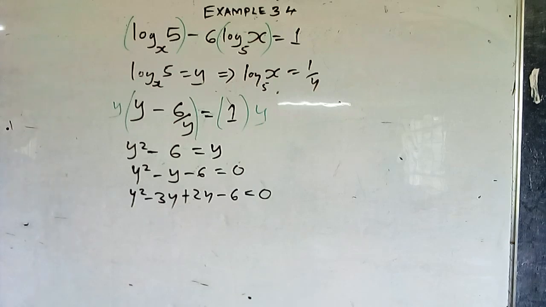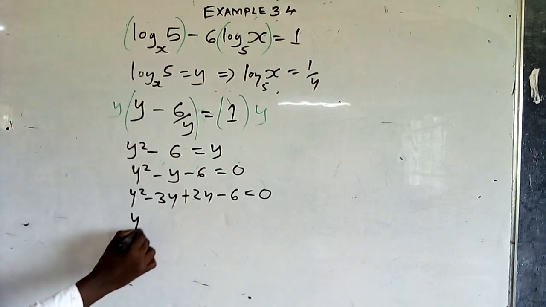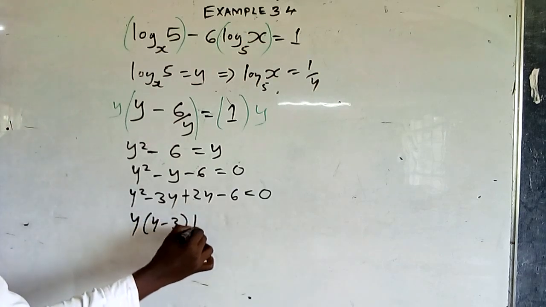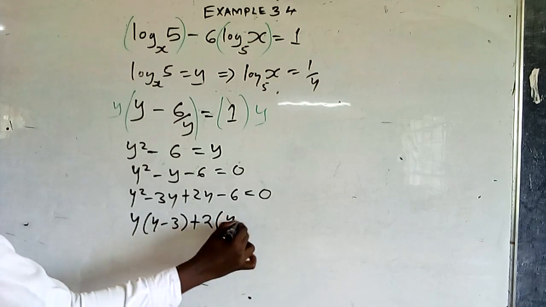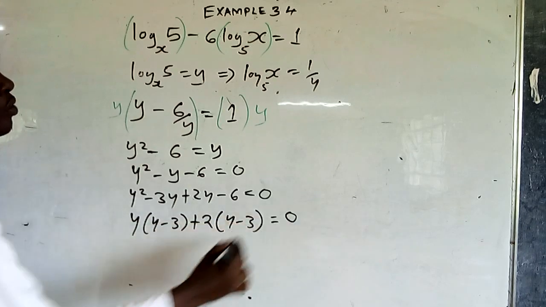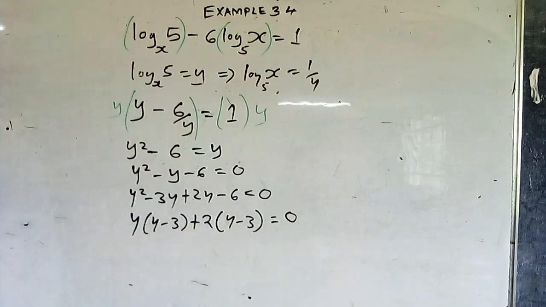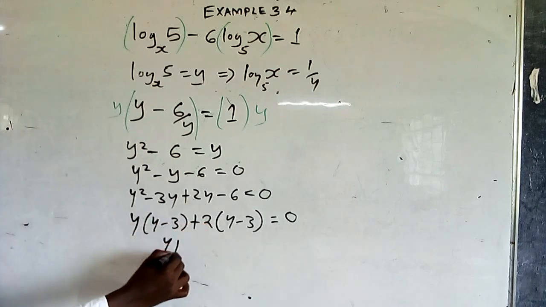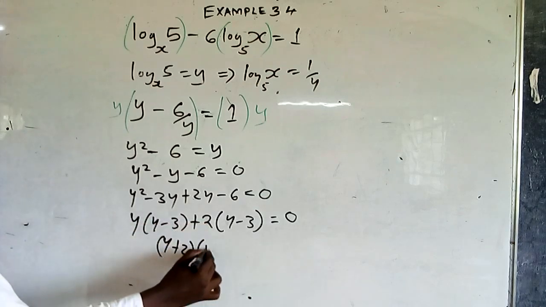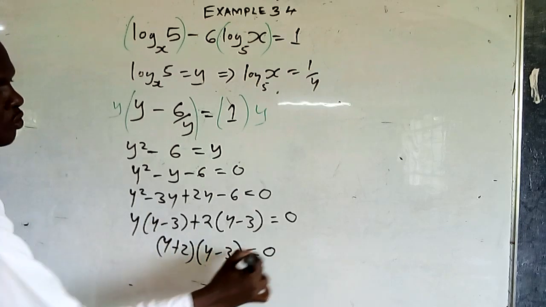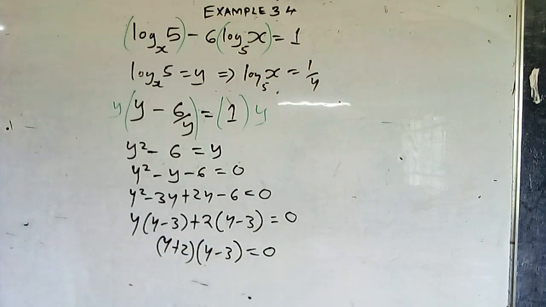So from there, if you solve, what do you have? Here we have y into y minus 3, then plus 2 into y minus 3 equals 0. So this is y plus 2 into y minus 3 equals 0.